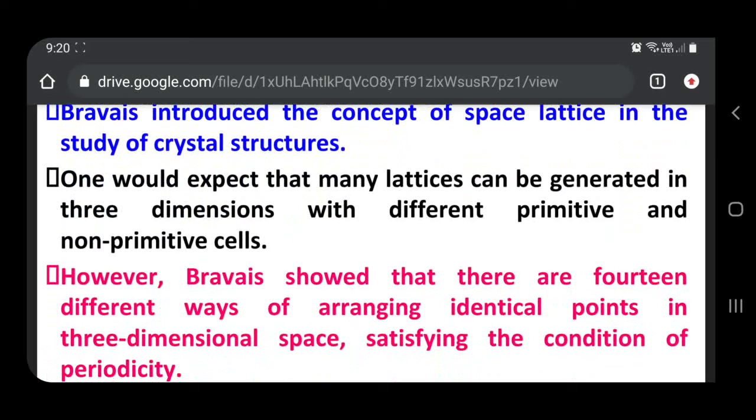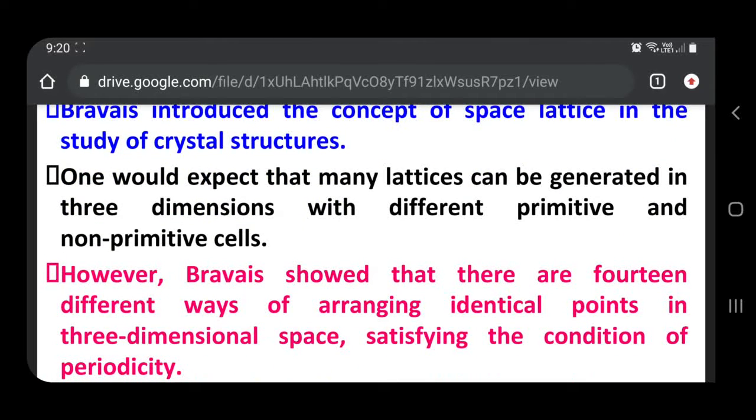Usually one would expect that many lattices can be generated in 3 dimensions with different primitive and non-primitive cells. However, in 1848, Bravais showed there are only 14 ways.